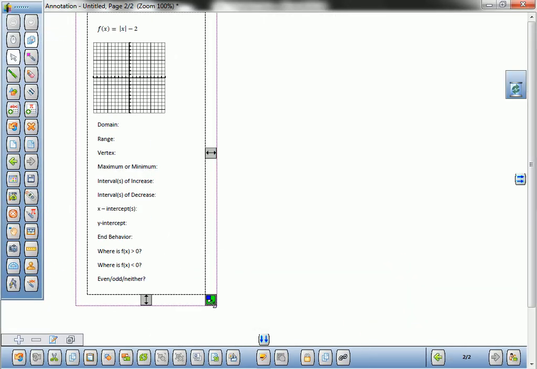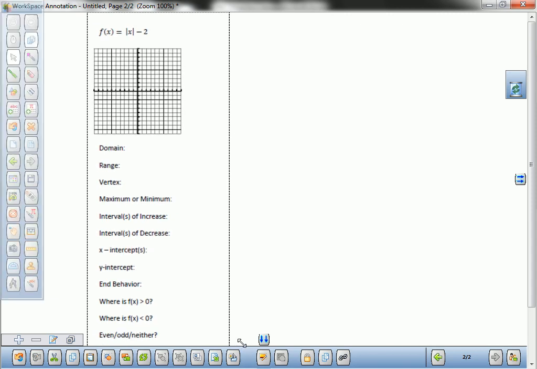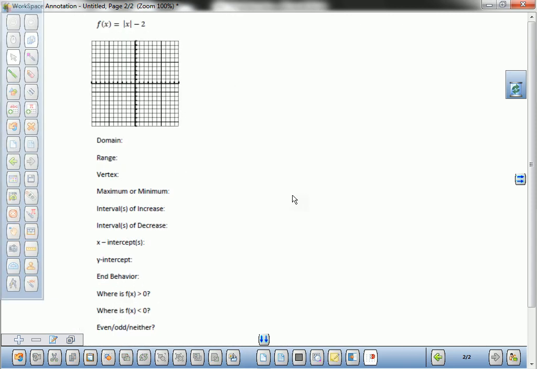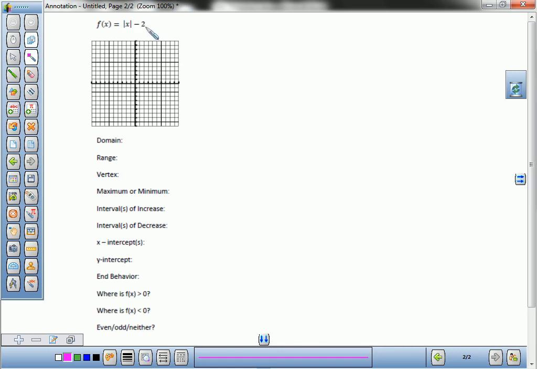All right, so let's do our first one, and then we'll just work our way through. Now, all we're going to do is take that function we just created, and we're going to shift it. Now, if you remember from quadratics, if we have something added or subtracted to the end, this does the up or down.